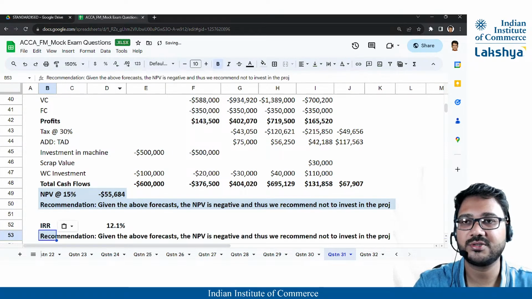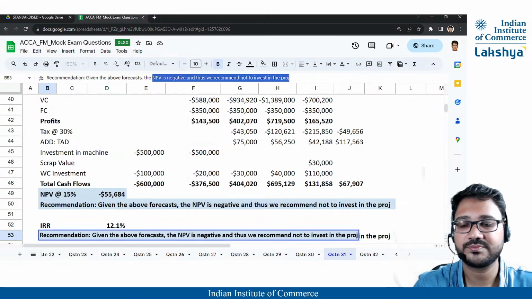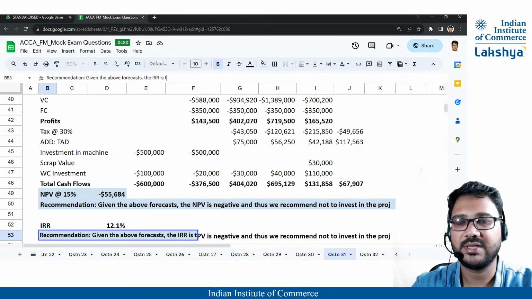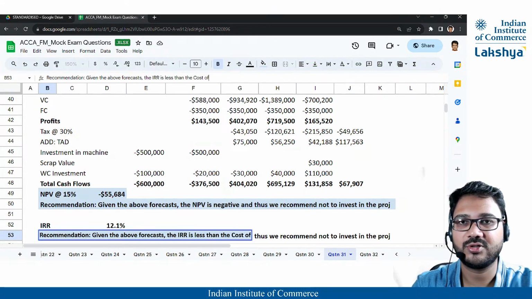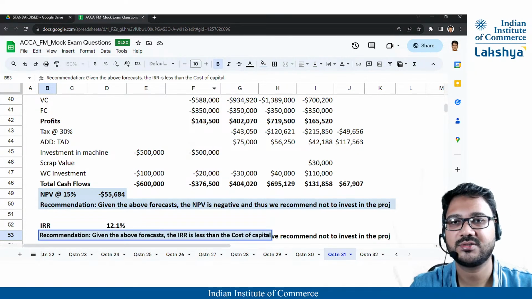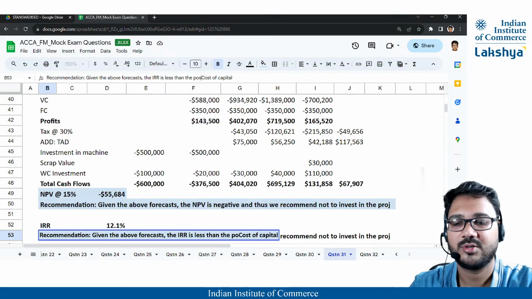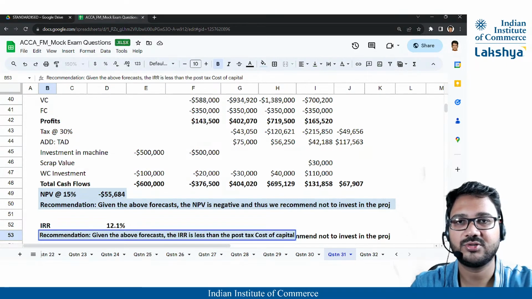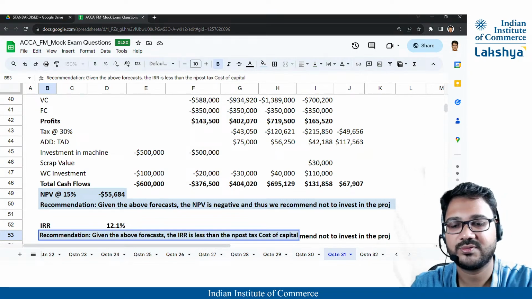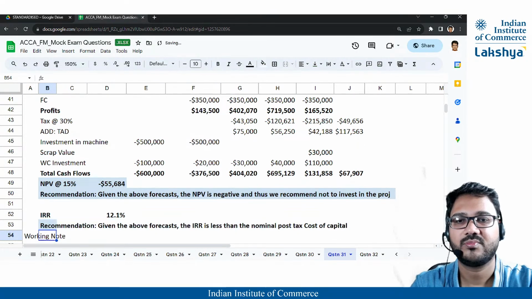So recommendation: given the above forecast, the IRR is less than the cost of capital, or the nominal post-tax cost of capital.